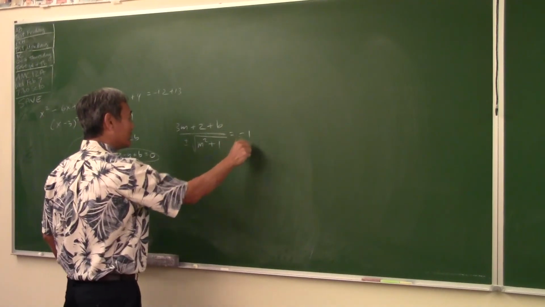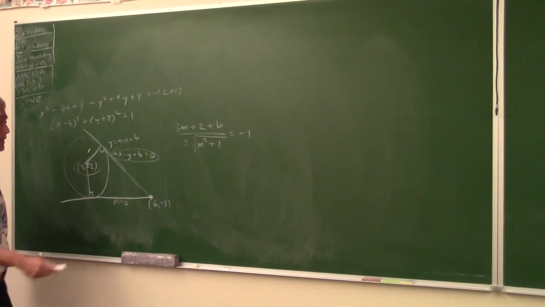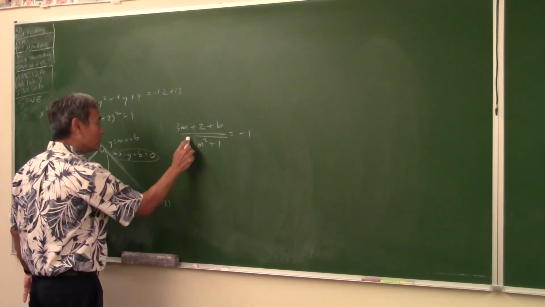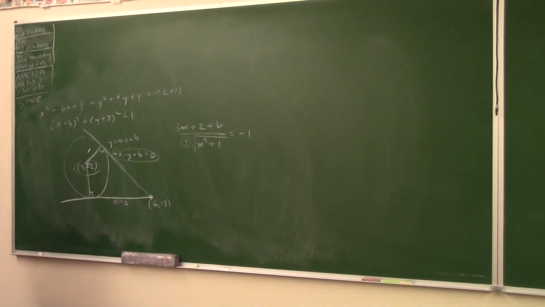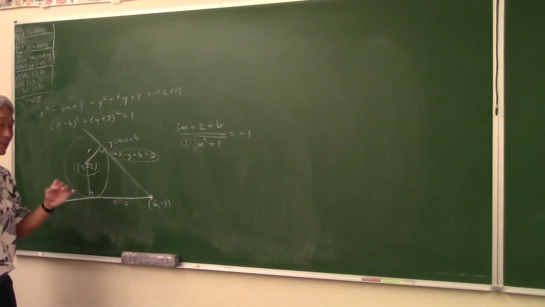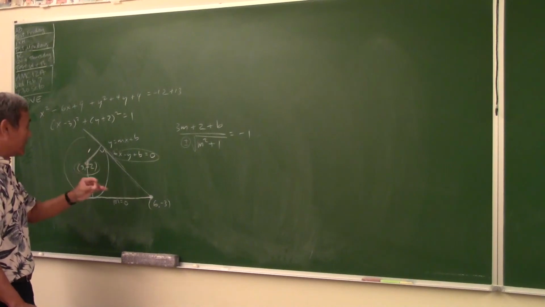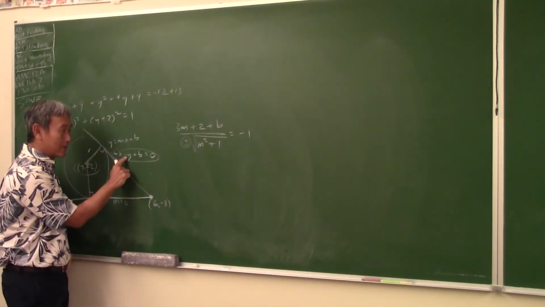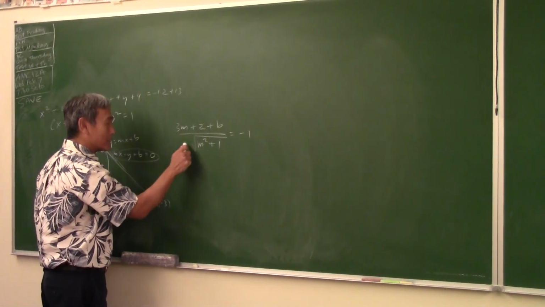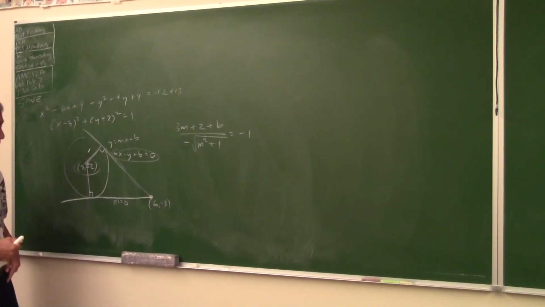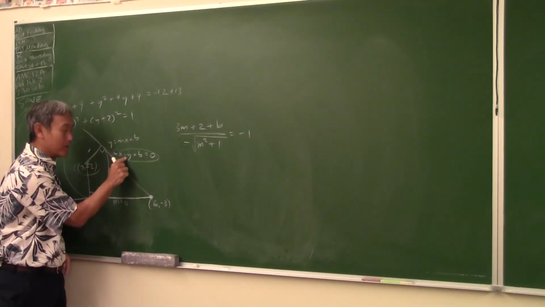We want that to be -1. Now, what do you do with that plus or minus? You got to give the denominator the sign of B. B is -1, so you have to give the denominator a negative sign. It depends on the sign of B.